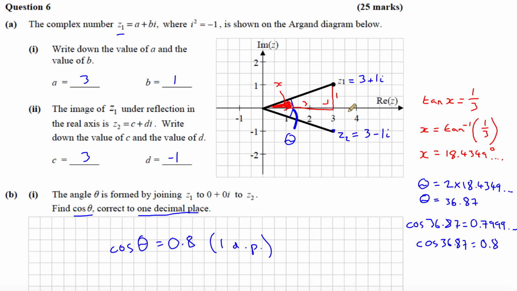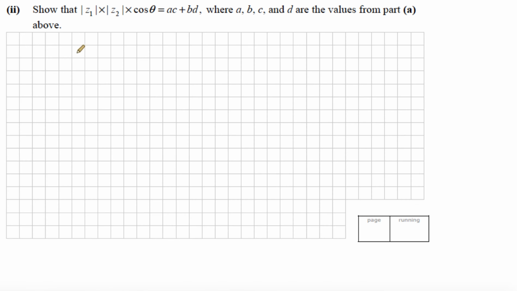If we go back here, we can see the modulus of z1 will be the distance from the origin to z1. And if z1 is 3 plus 1i, well then the modulus of z1 by Pythagoras will be the square root of 3 squared plus 1 squared, and that's just equal to root 10.